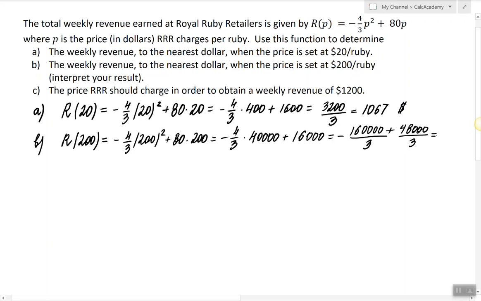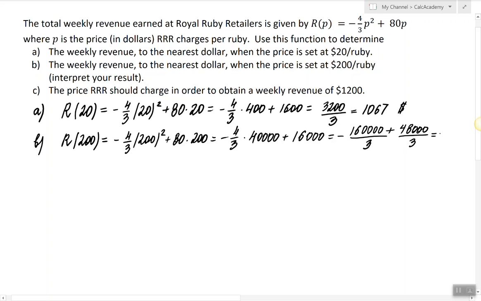Now these add up to, let's see, we have 160,000 minus 48,000. So we get negative 112,000 divided by 3.